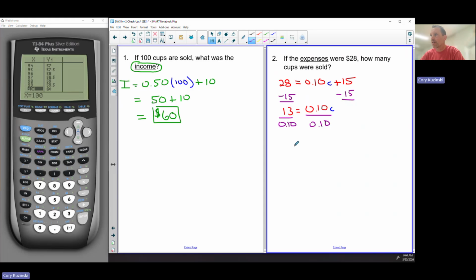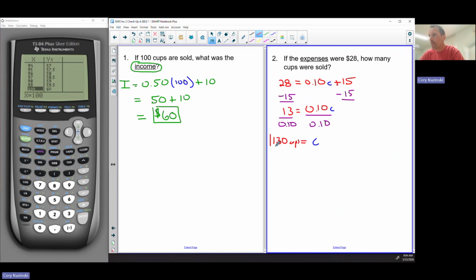I use my fraction bar for division. And 1/10 of 13 is 130. So our number of cups is going to be 130 cups.